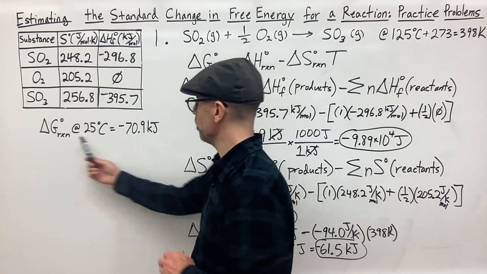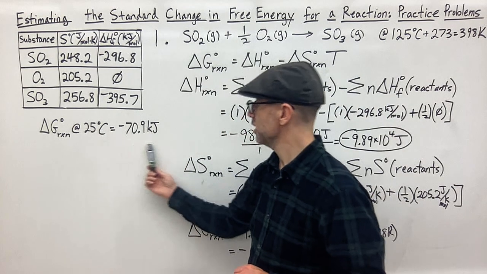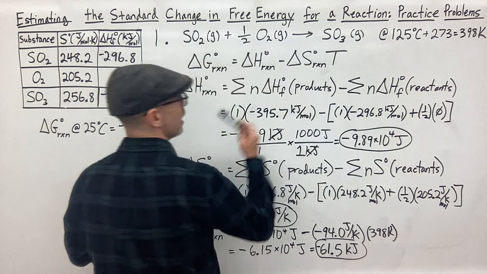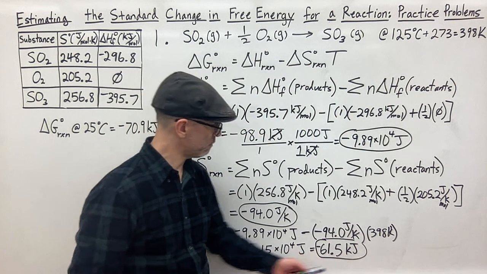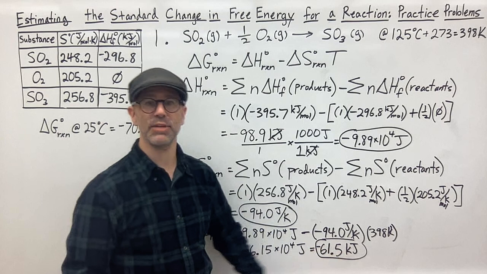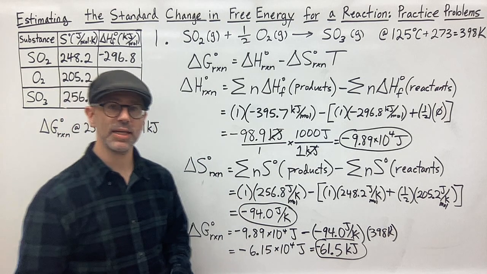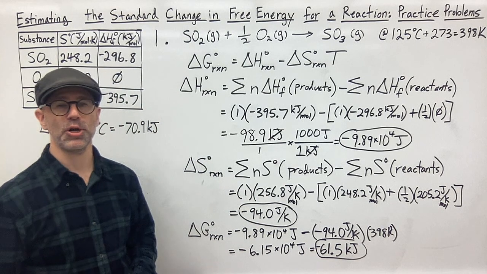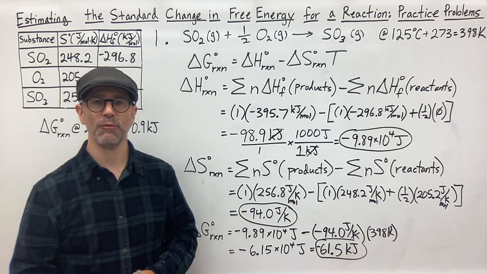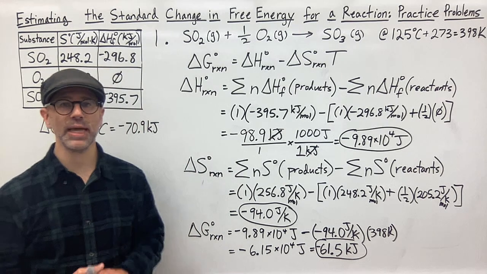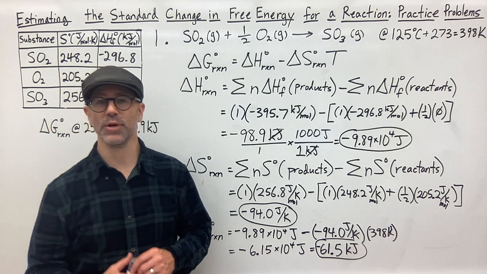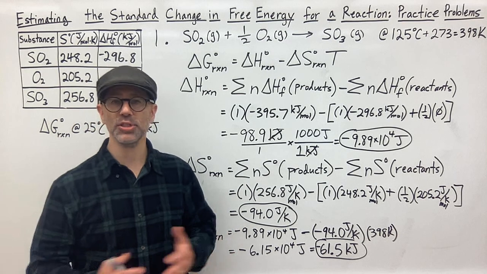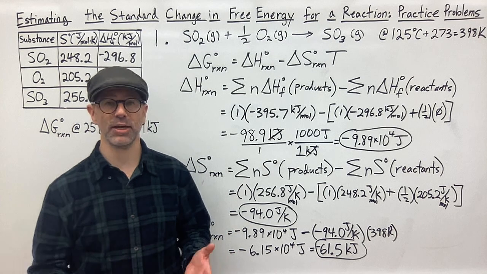Since at 25 degrees we have a negative 70.9, but at 125 degrees Celsius we have a negative 61.5, it became less negative, therefore it's less spontaneous at this higher temperature. So I hope that was helpful. This is how you would estimate the standard free energy change of a reaction at temperatures other than 25 degrees, which is standard.